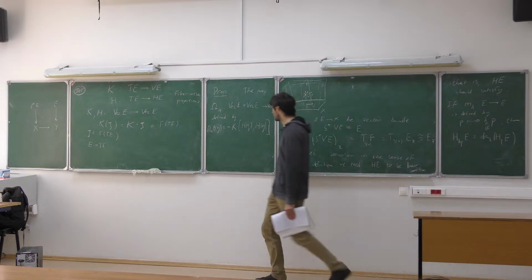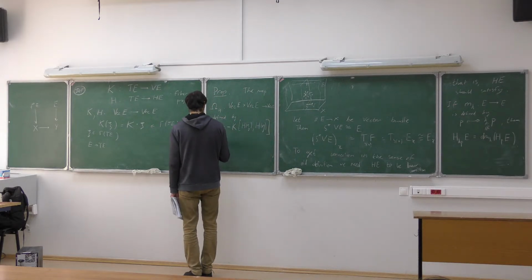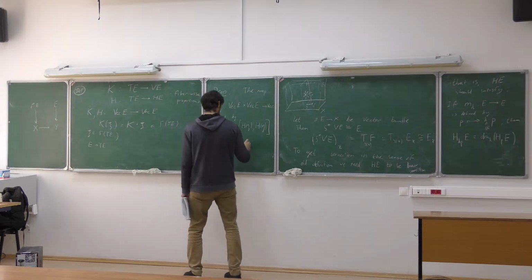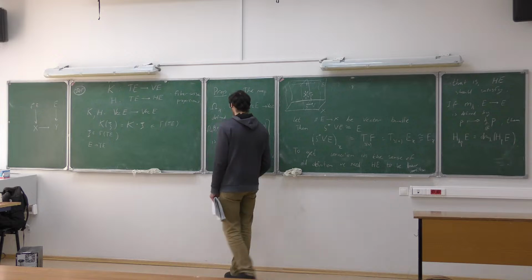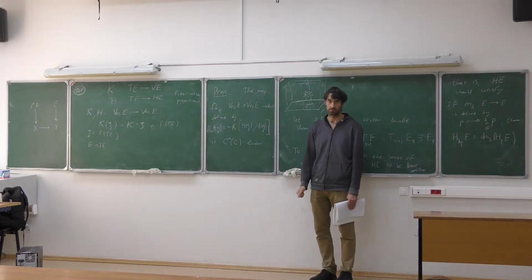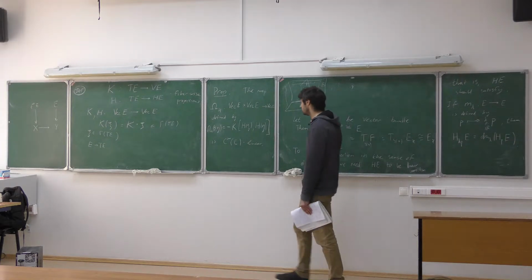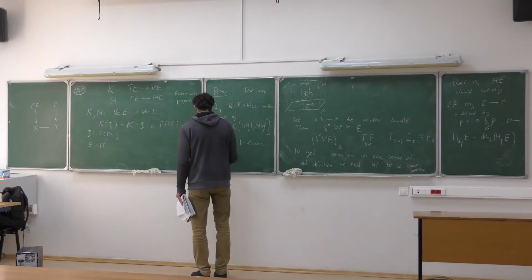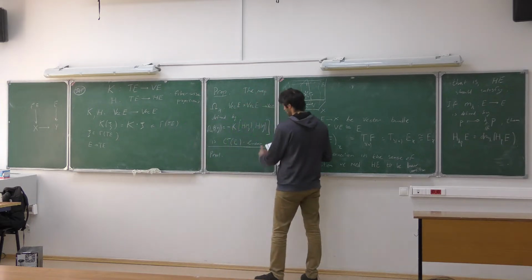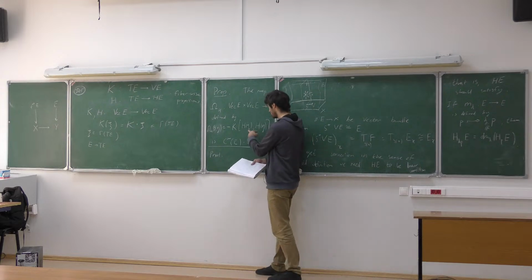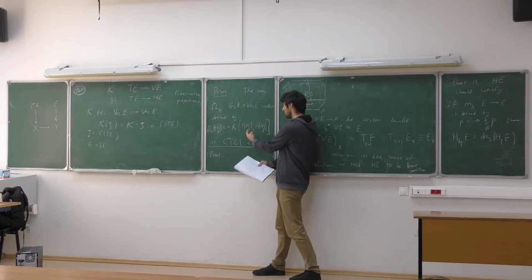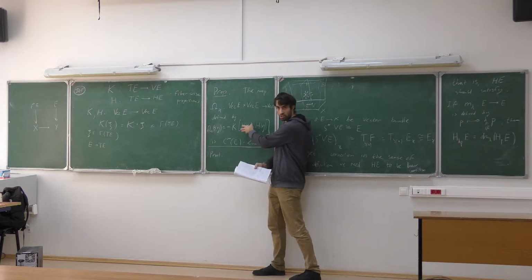But to say that it is a tensor, I need to see that this map is C infinity of E linear. Well, to see this, it's actually simple, because when you compute the commutator of vector fields, there are coefficients of this vector field and coefficients of that vector field.